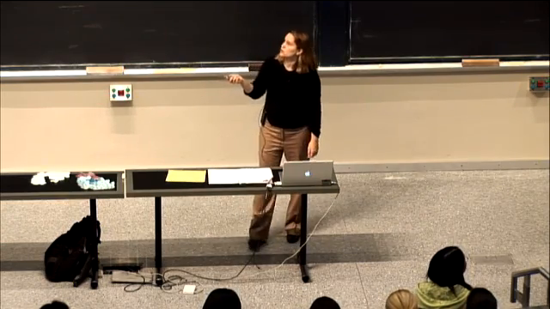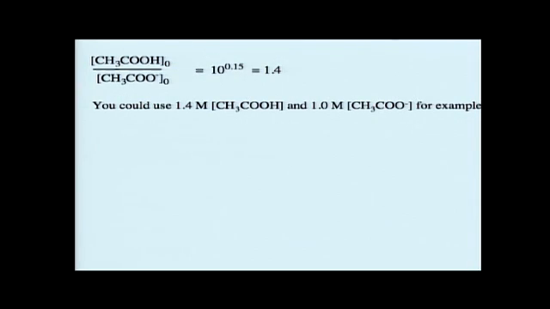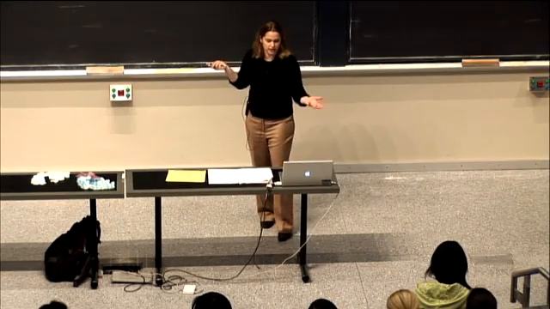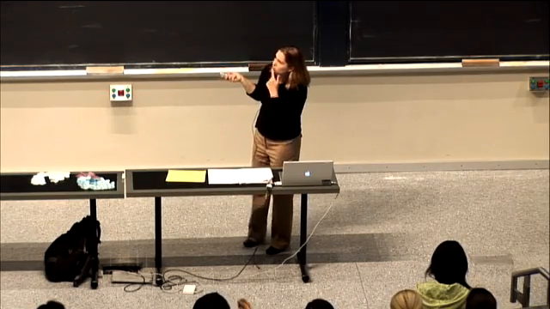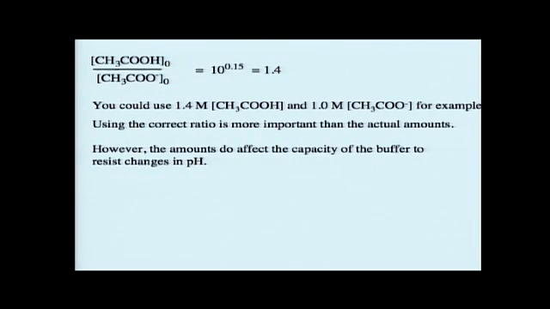Well, you could use 1.4 molar and 1 molar, for example. That would have the correct ratio. But how do you know if that's going to be good? Well, the ratio is more important than the exact amounts. However, the amounts get to this issue of the capacity of the buffer, how resistant it is to changes in the pH.